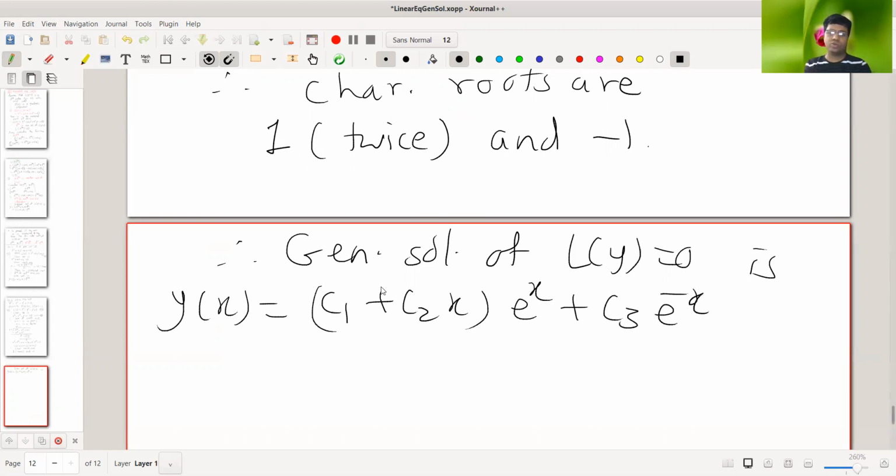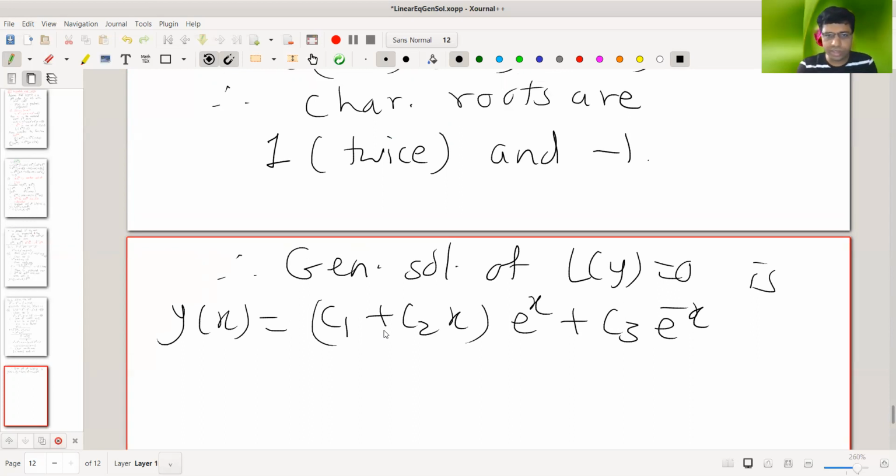So the solutions corresponding to root 1 are e raised to x and x e raised to x, so c1 e raised to x plus c2 x e raised to x, and corresponding to minus 1 is e raised to minus x, so plus c3 e raised to minus x. So this is the general solution.